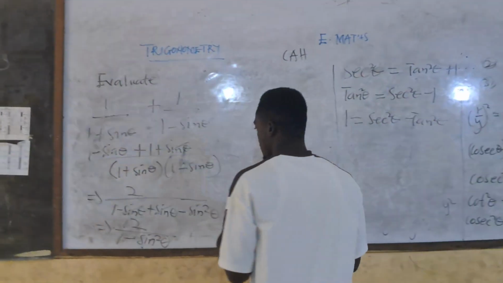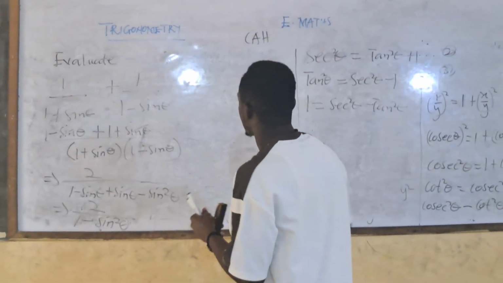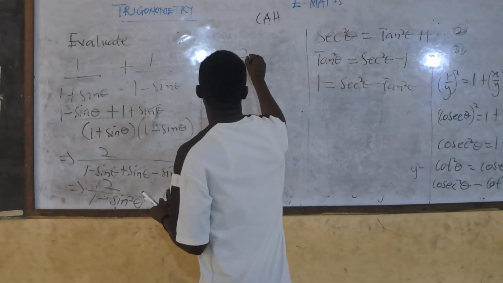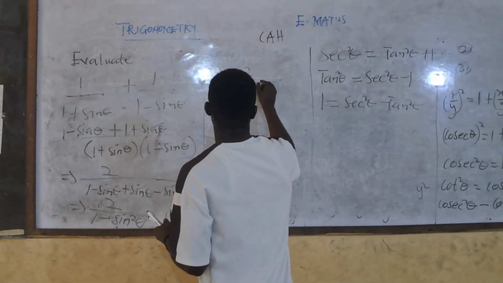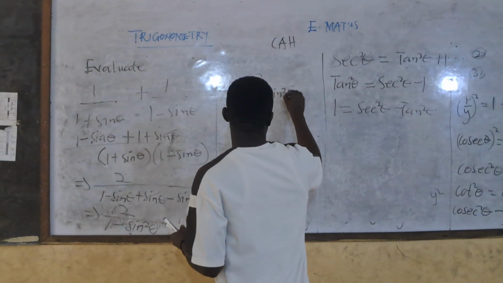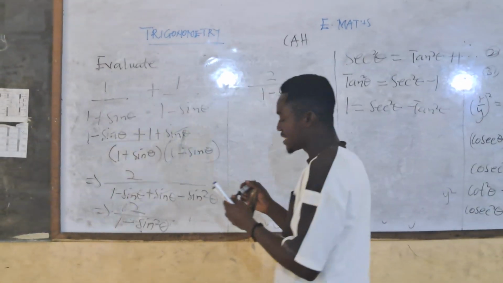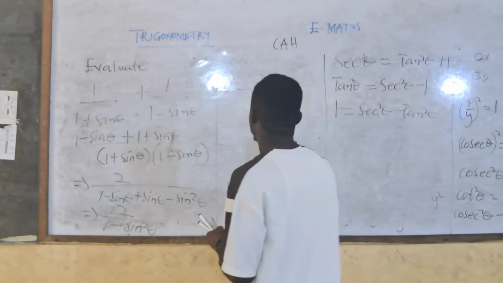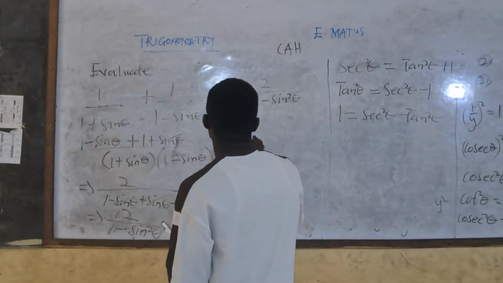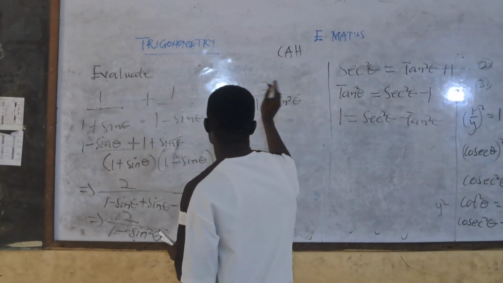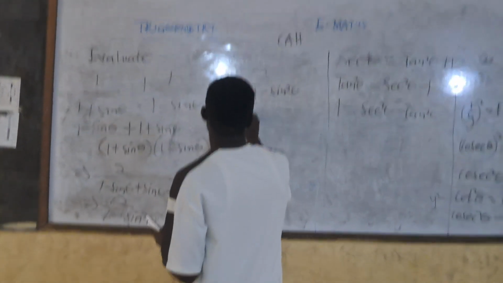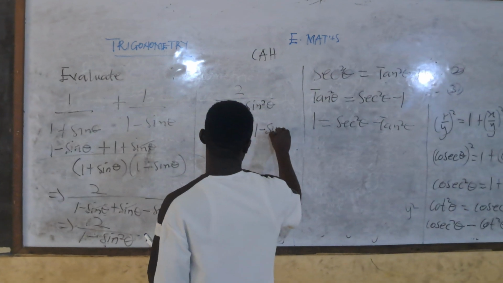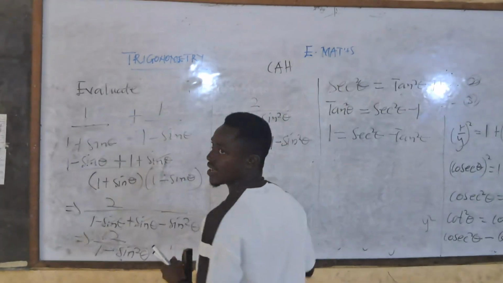So we have 2 on 1 minus sine square theta. From the identity that we proved, we saw that cos square theta was equal to 1 minus sine square theta.